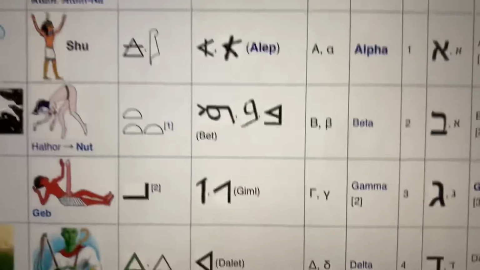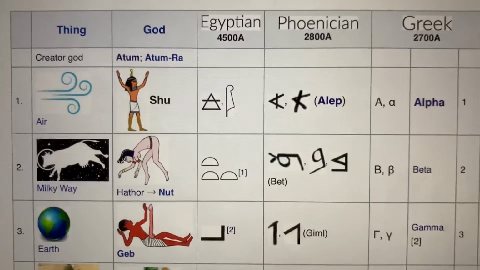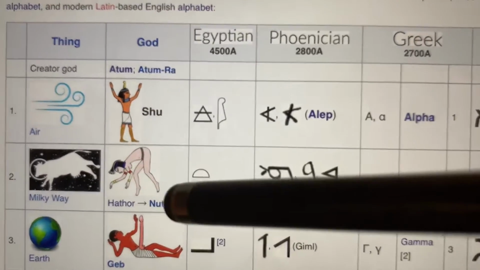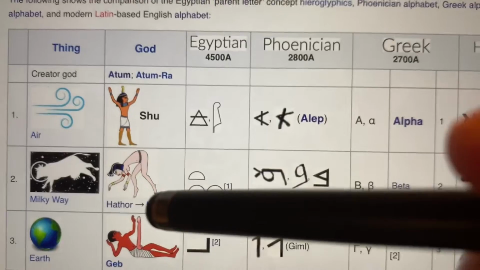The second letter is beta, and that comes from Hathor.